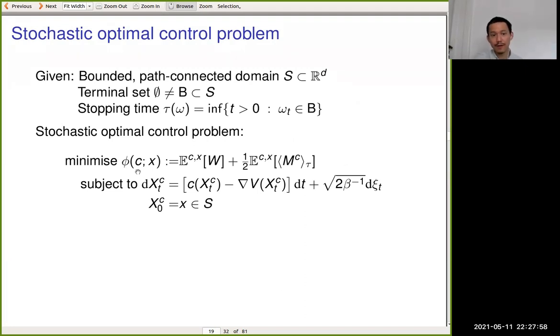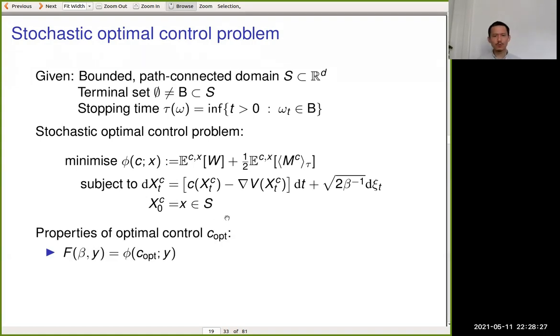Phi is a function of C, our feedback control, and it's parameterized by your initial condition, little x. And this is just what we saw before in this inequality that I showed you on the last slide. This optimal control problem has a constraint that we have to satisfy the dynamics of the non-equilibrium system, and our initial condition must be little x, which is some point in our state space, in our domain S.